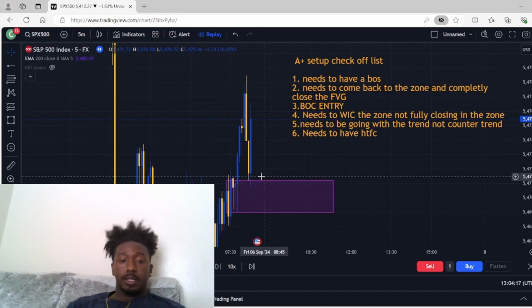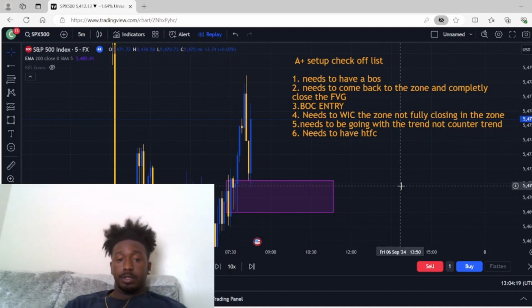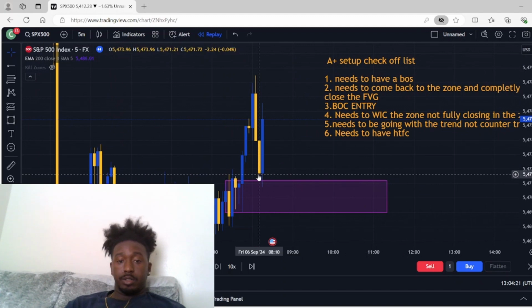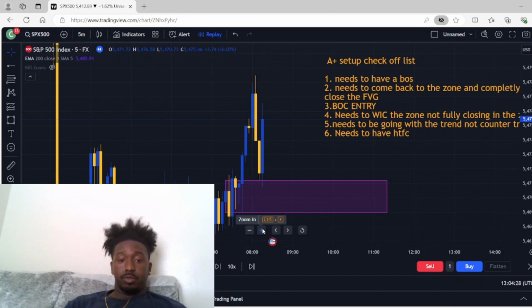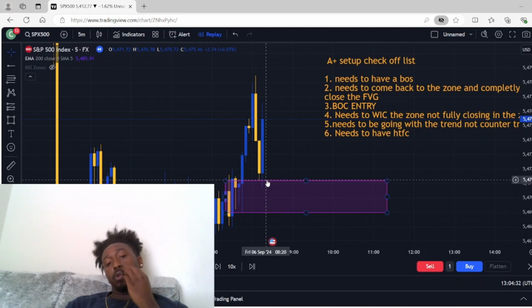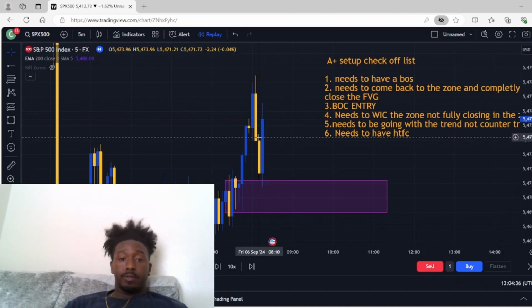A lot of times we'll see a wick of this zone right here, and then the very next candle, like this candle, will just fall straight through the zone. So in order to have a higher chance of winning, you basically want to wait for it to break this candle.